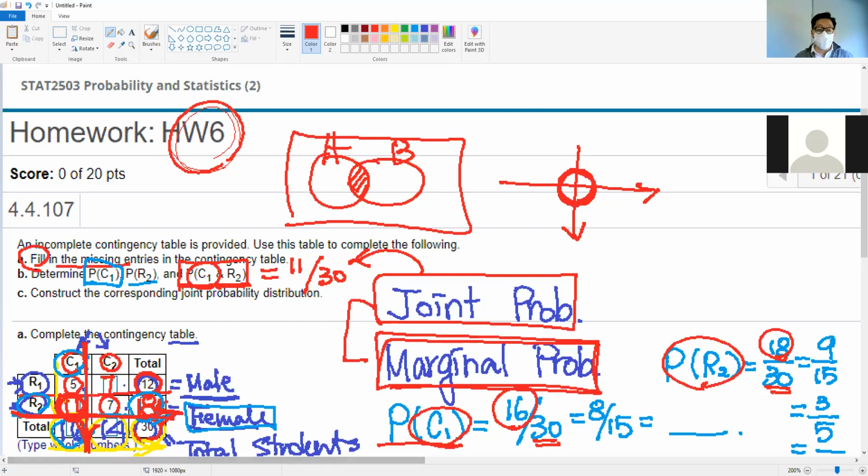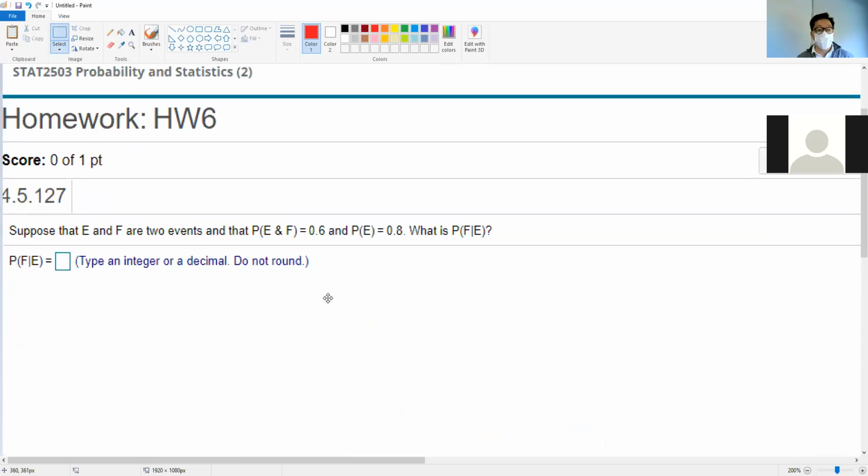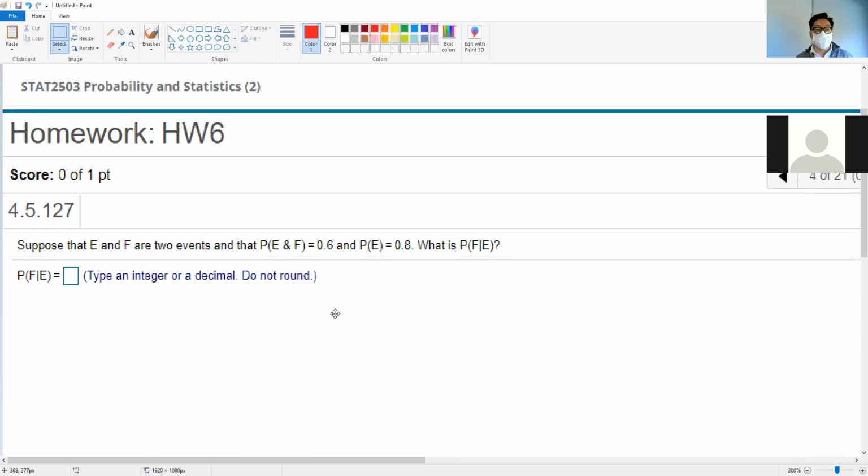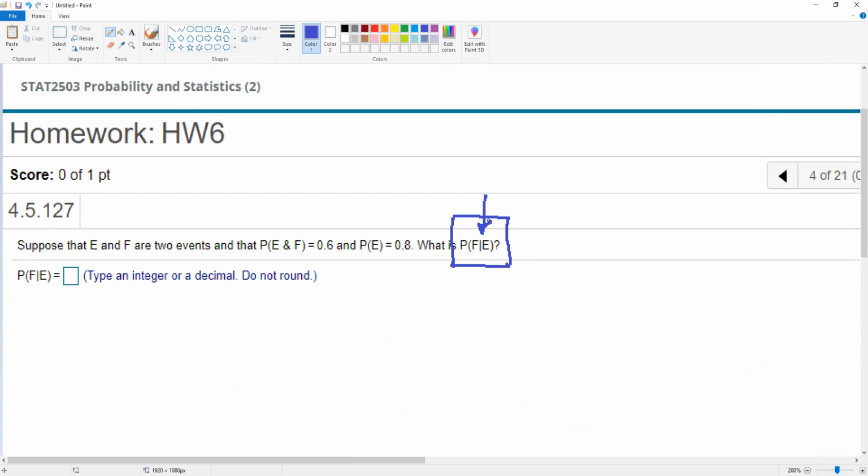The next topic will be conditional probability, and let me take question number 4 and copy it here. Yep, it is number 4. Here is the notation, right? In the middle, there is a bar, and I can read it. It is a conditional probability.